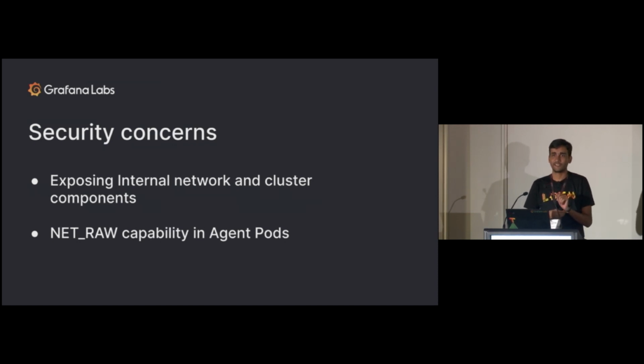If somebody can exploit it and craft a raw packet, and if they can reach our control plane and internal services, then it becomes a big deal really quickly. So we wanted to secure our internal network and cluster components from these pods.